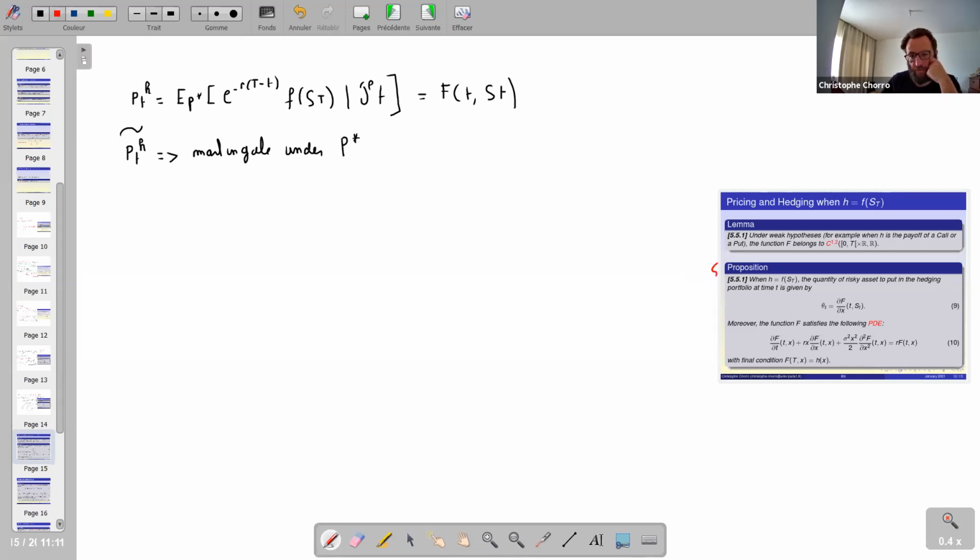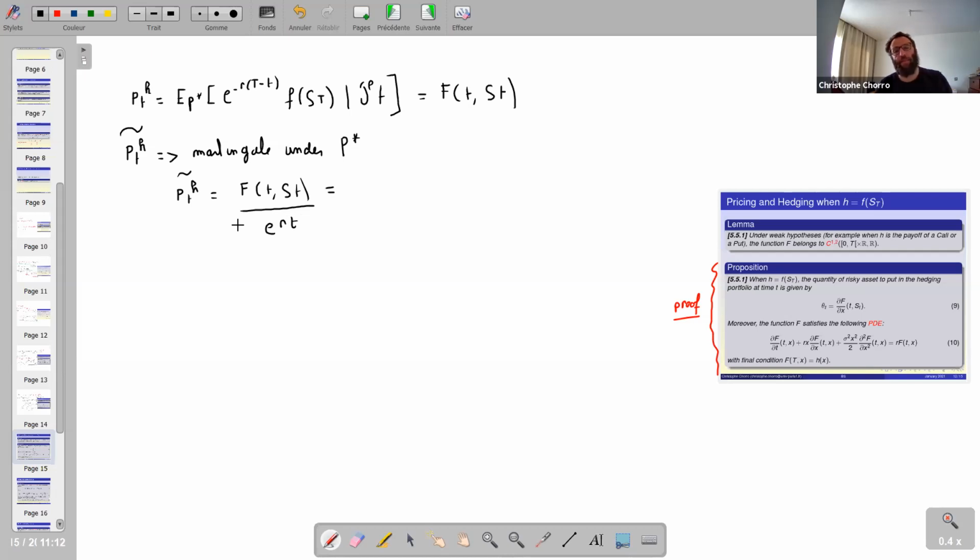And what is P_T H tilde? It is just F_T of S_T divided by exponential RT.